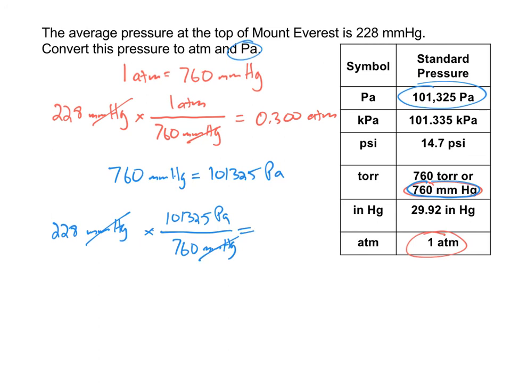And so I take 228, multiply it by 101,325, then divide that result by 760, and I get, to three significant figures, 30,400 pascals.